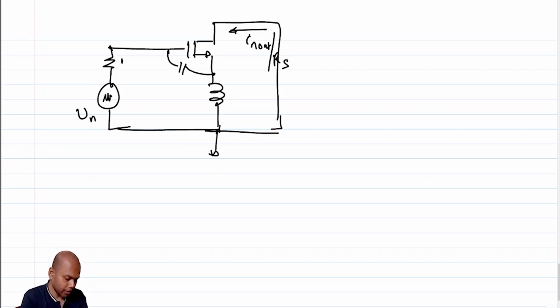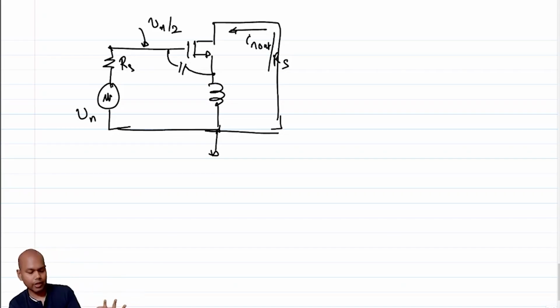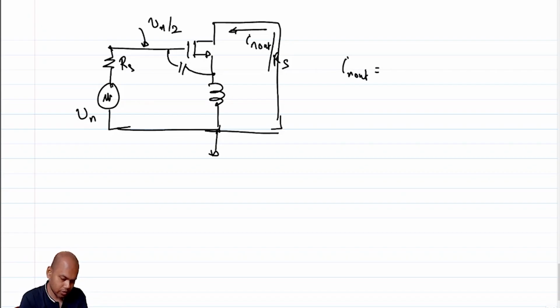So if this is Vn under matched condition, this is Vn over 2, right? And I know the transfer function from Vn over 2 to In out, which is GM effective. So I know that In out is, again under matched condition, Vn over 2 times GM effective.